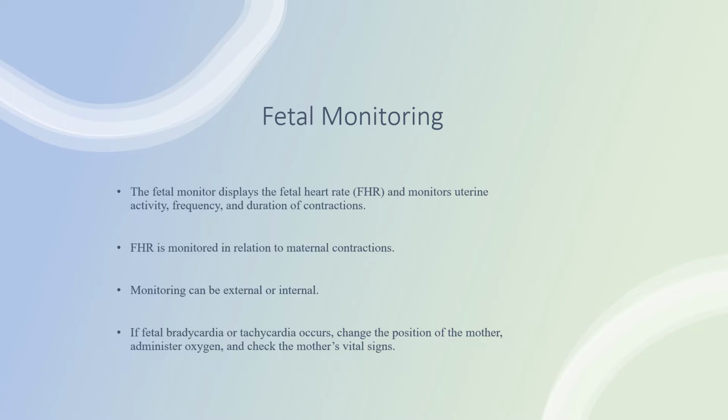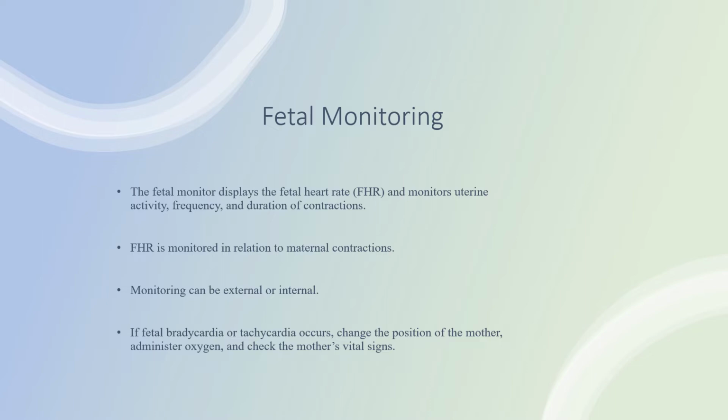And external fetal monitoring, that is when they basically strap on what's called a TOCO transducer or a Doppler ultrasonic transducer that keeps track of the contractions and the fetal heart rate.